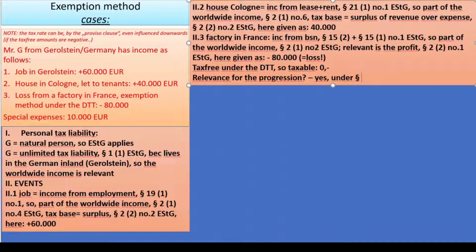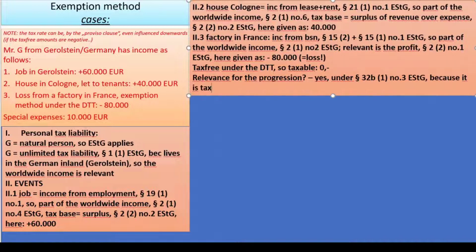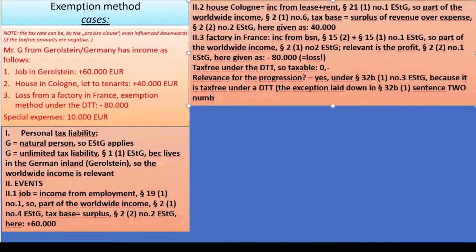Under that strange paragraph 32b, number 3, EStG, because it is tax-free under DTT, it counts for the progression, and the exception laid down in paragraph 32b, 1 sentence 2, numbers 1 to 5 does not apply. Here, just believe it from me. So for progression, we have to take into account minus 80,000.